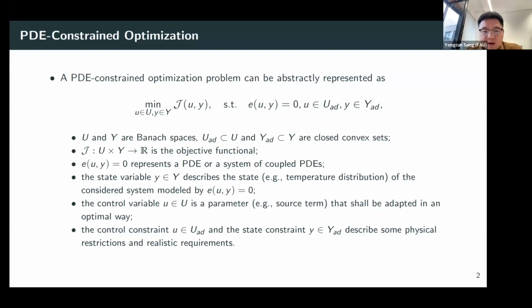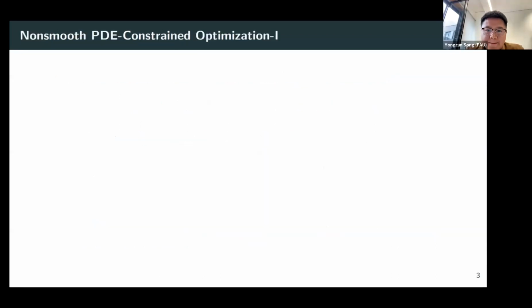There are always some restrictions. And we would like to find variables u and y such that they satisfy the equation E(u,y) equals 0 and satisfy the additional constraints u belongs to U_ad and y belongs to Y_ad, while they minimize the objective functional J. Okay, this is the model of a PDE-constrained optimization.